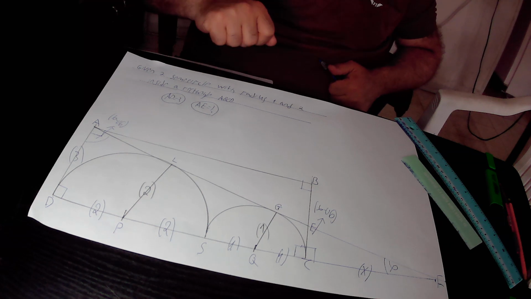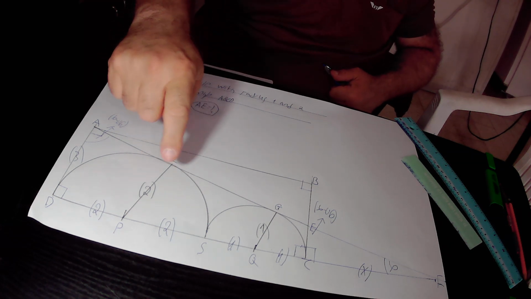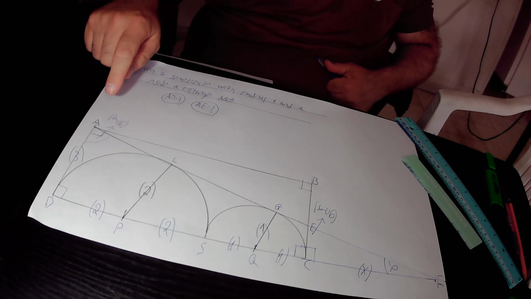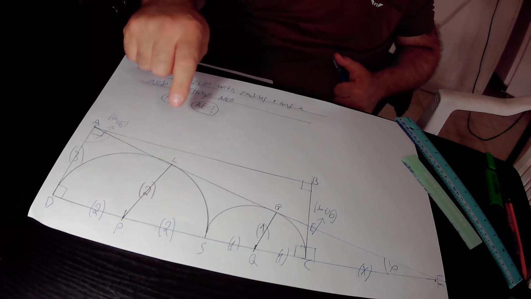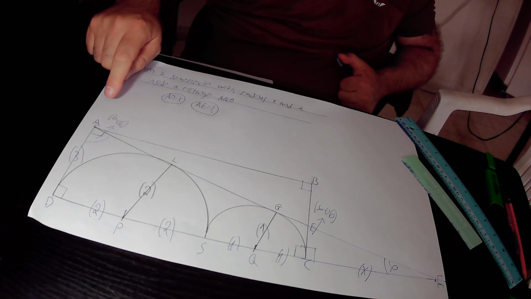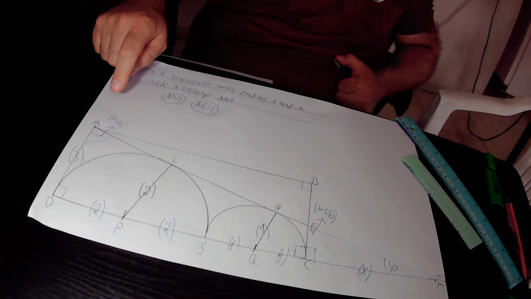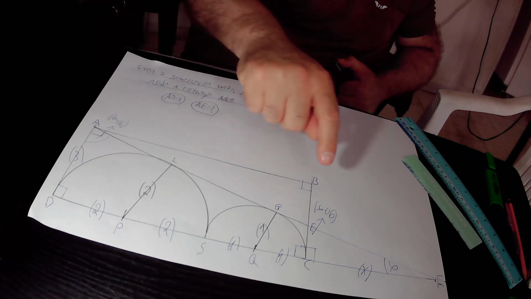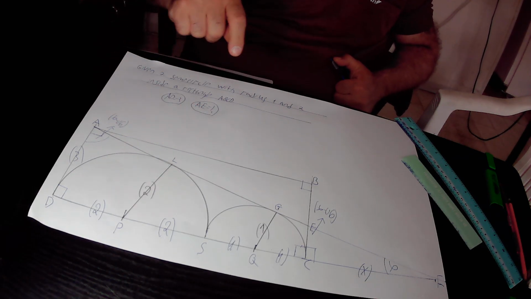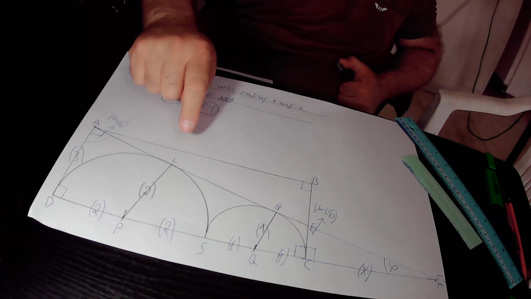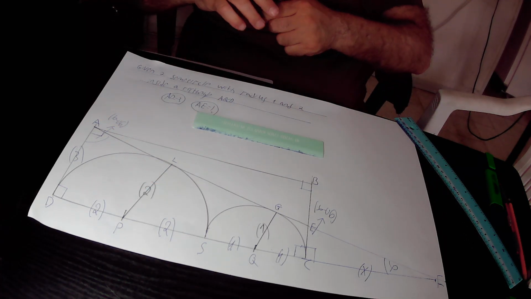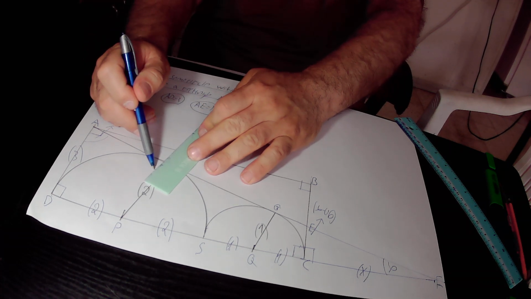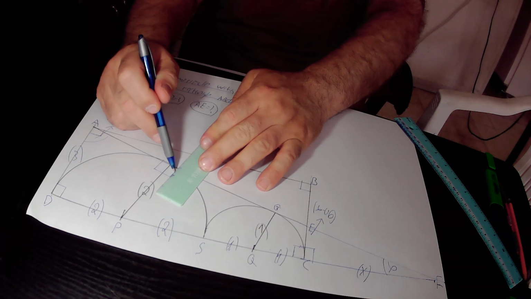And whenever you have a radius that is drawn to the point of tangency, the radius PL will be perpendicular to tangent AE, or tangent AE will be perpendicular to the radius LP. If AE is perpendicular to LP, it means that this angle equals 90 degrees, and this angle also equals 90 degrees according to rule 1.